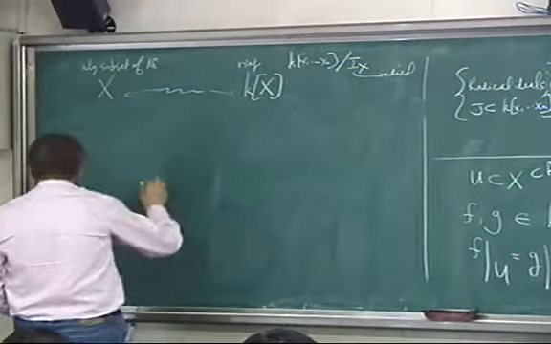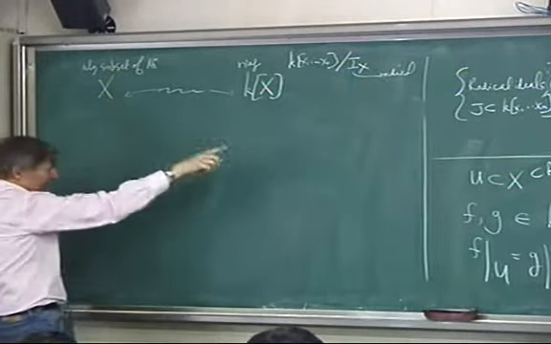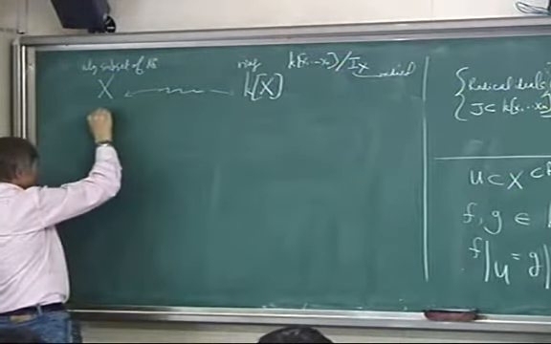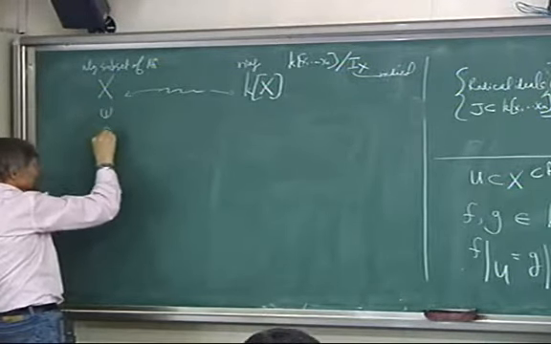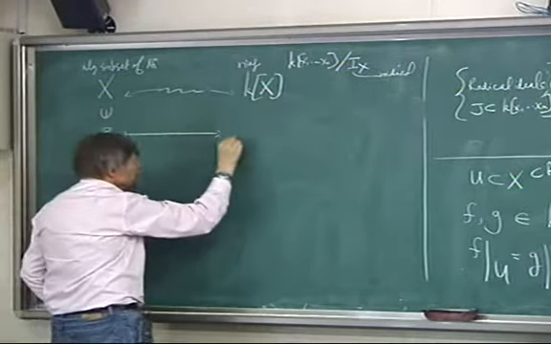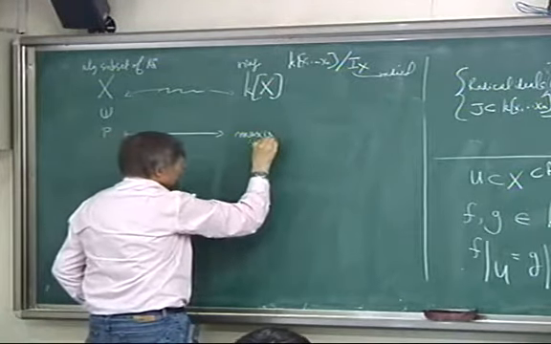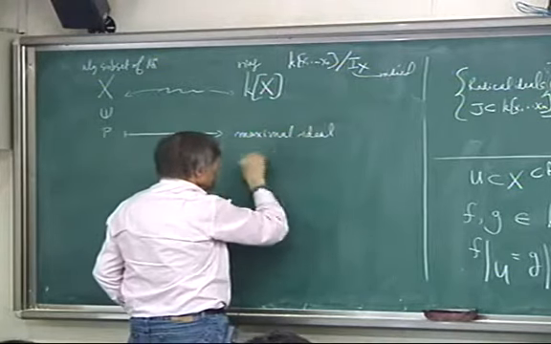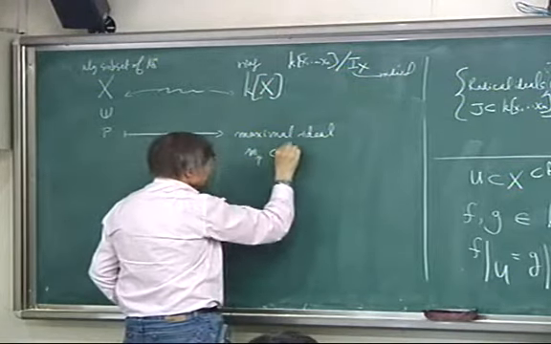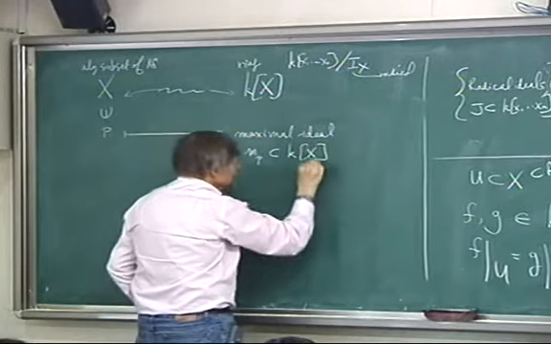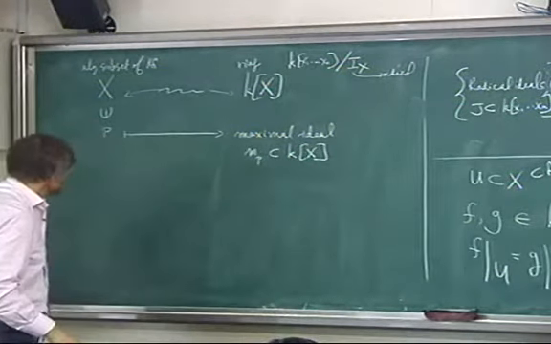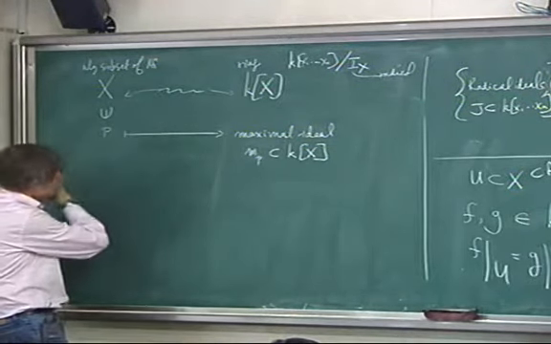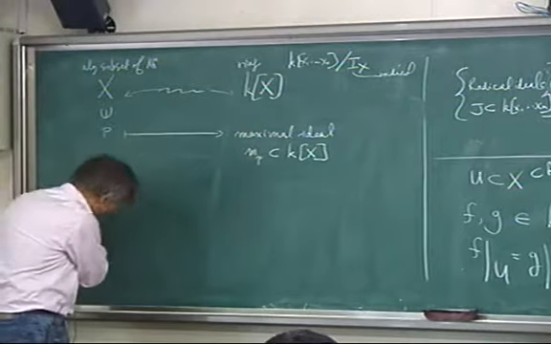So the relation is that I told you algebraic subsets of X correspond to ideals in K of X. So in particular, if I take a point in X, this corresponds to a maximal ideal MP in K of X. Right. So I'm not saying anything non-trivial here. I'm just introducing language.